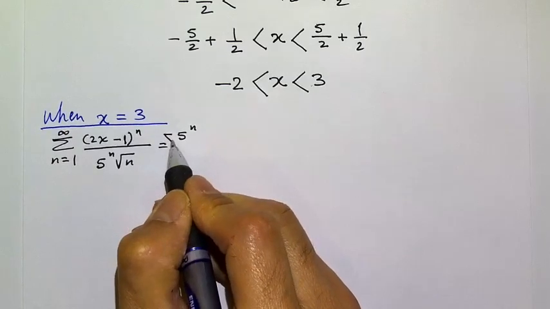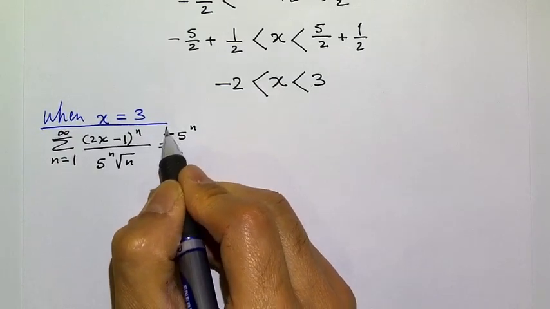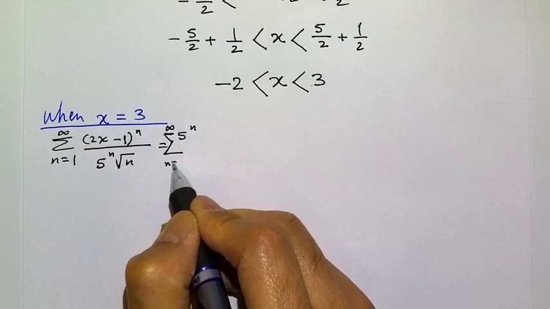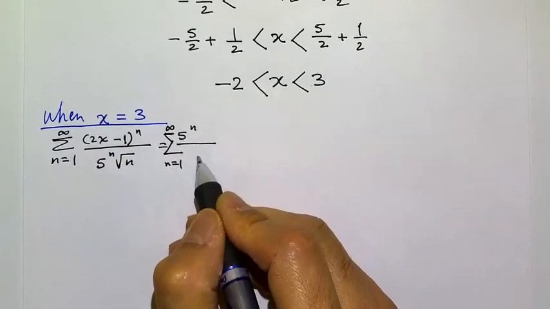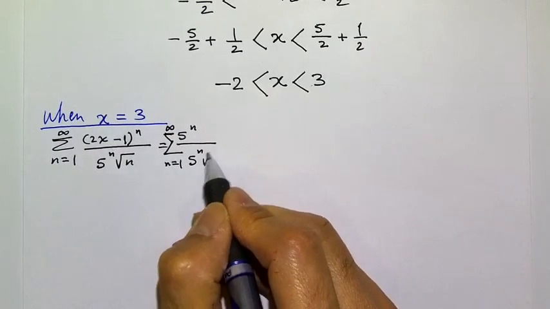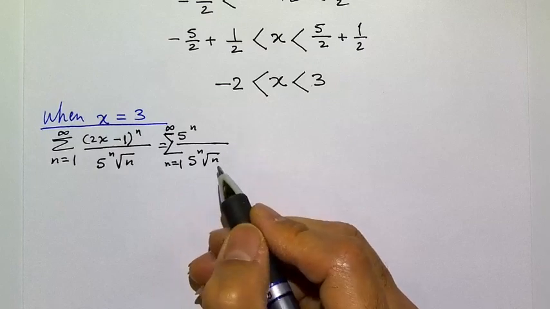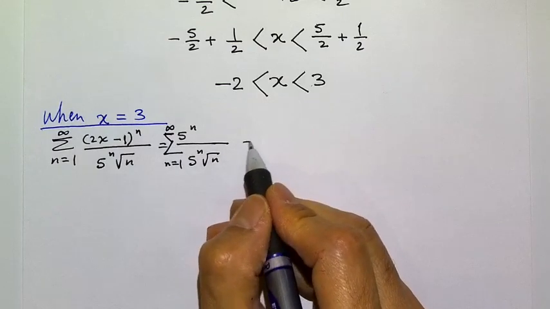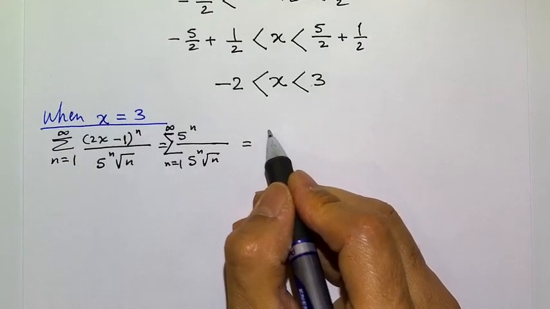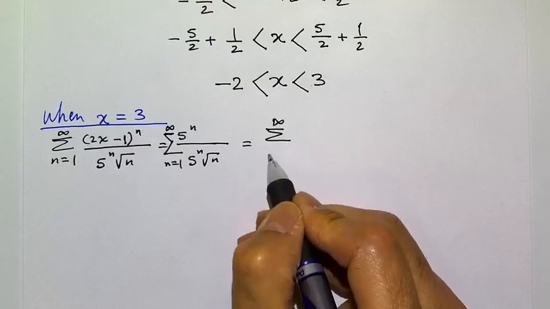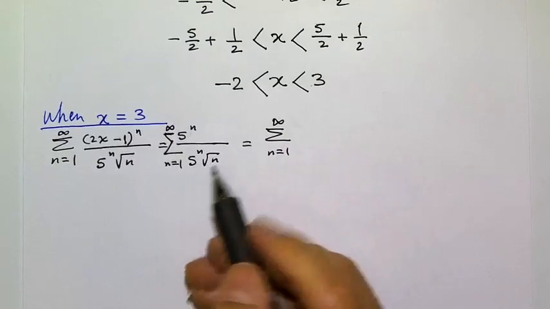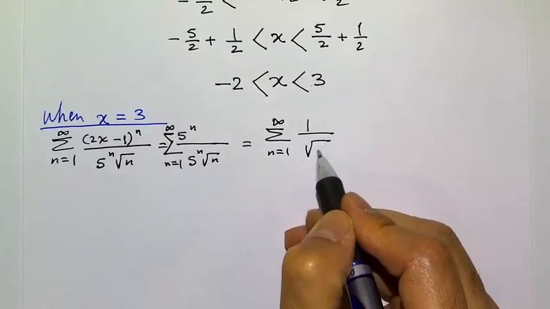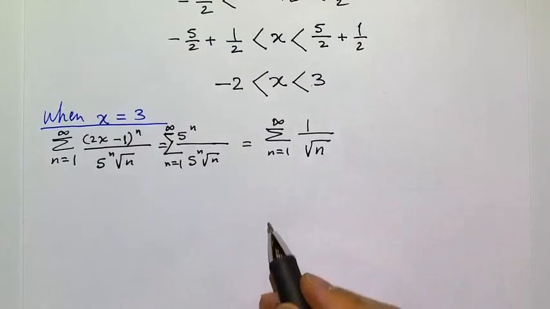Let me not forget to put my notation here. 5 to the n over 5 to the n times the square root of n. Things simplify here. That'll be just 1 over the square root of n.